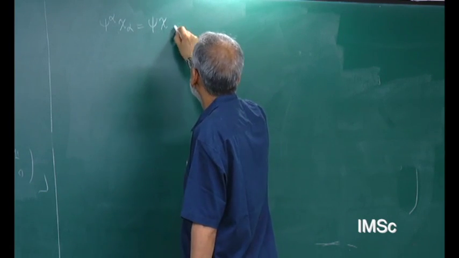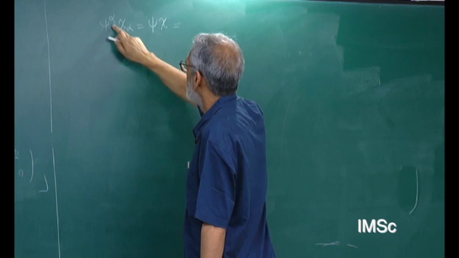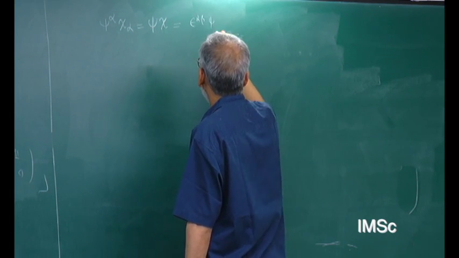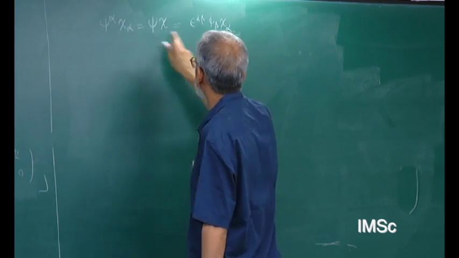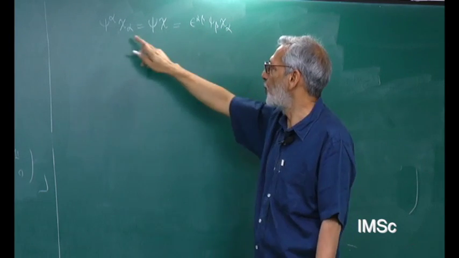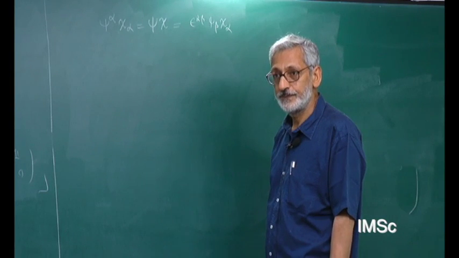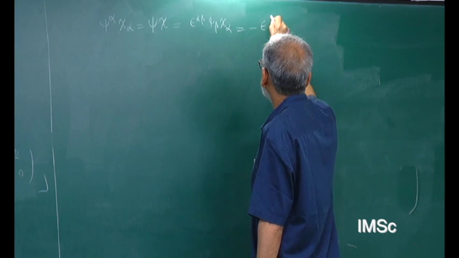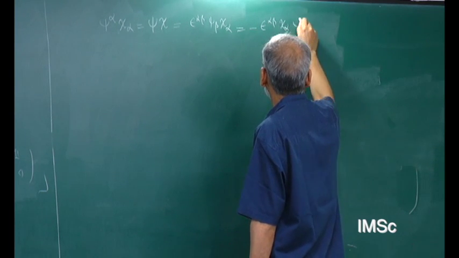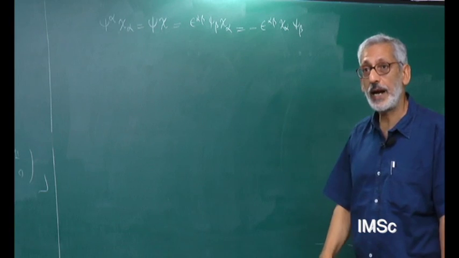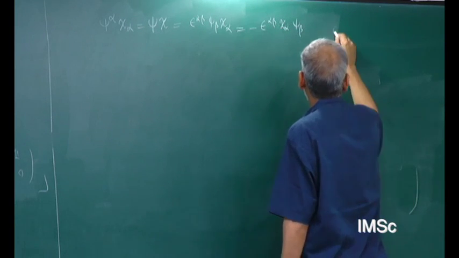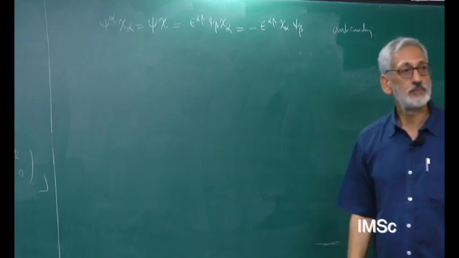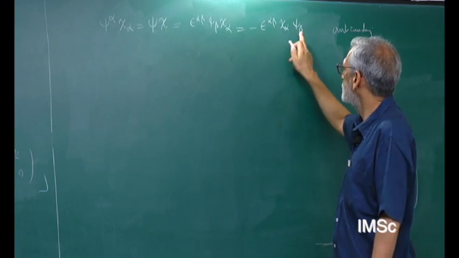How do I see that? Psi alpha up is epsilon alpha beta, psi beta, chi alpha. By definition, lower it. Now, if I interchange these objects, because they are anti-commuting spinors, I change sign.